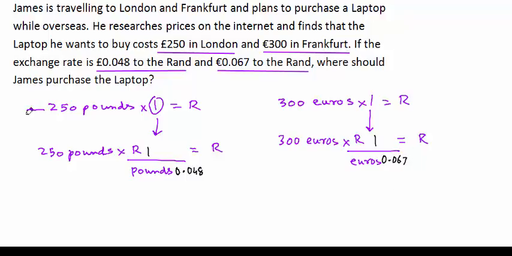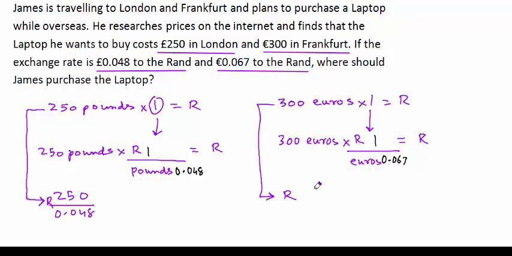So that gives us 250 pounds is equal to 250 divided by 0.048 rand, and on the other side 300 euros is equal to 300 over 0.067 rand.